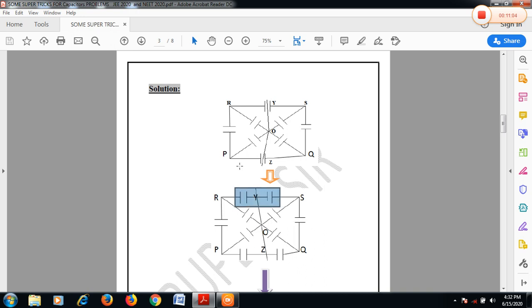Likewise, we have also segregated this capacitor into two capacitors in series, each having capacitance 2C.